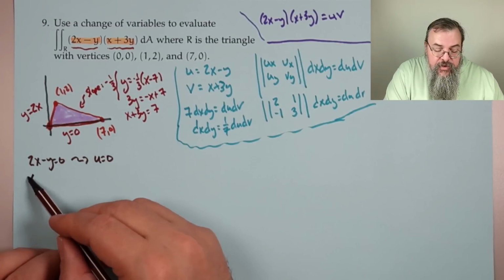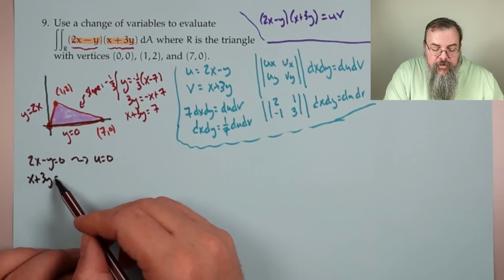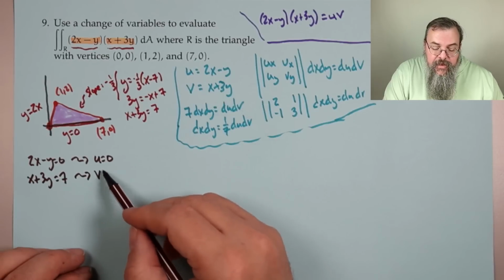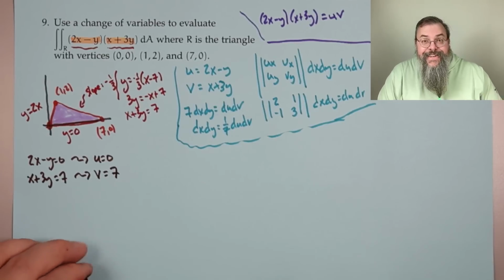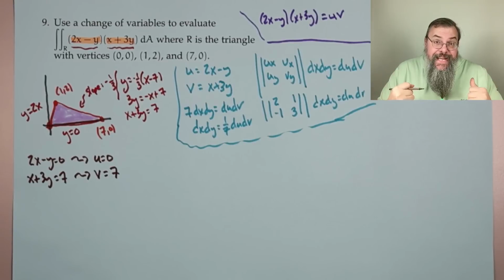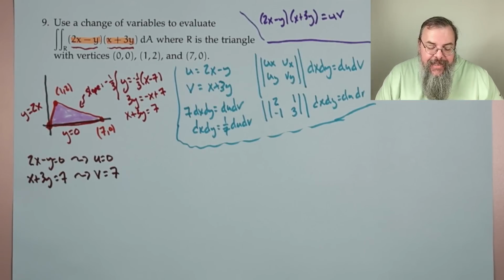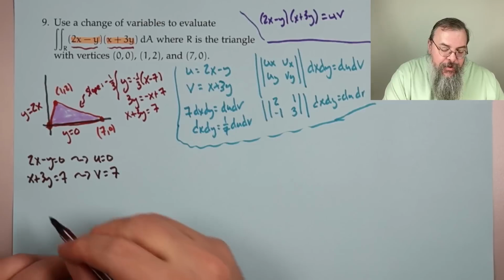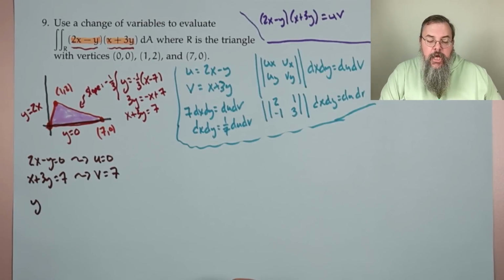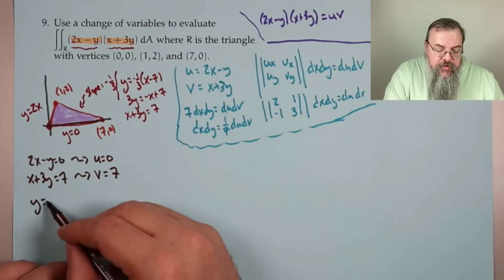That's x plus 3y equals 7. And x plus 3y, that's v. v equals 7. Nice again. Sweet! And then we have our last curve, which is y equals 0.